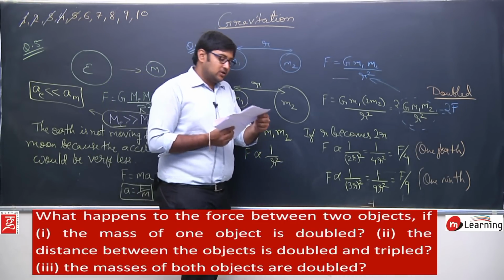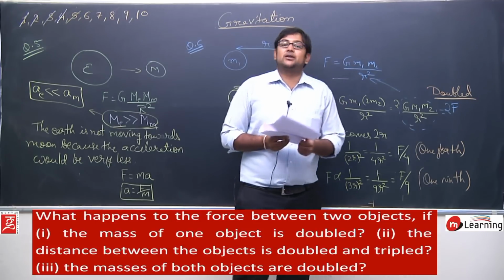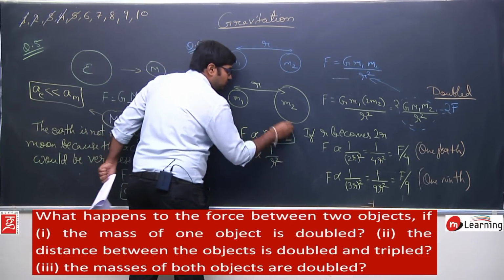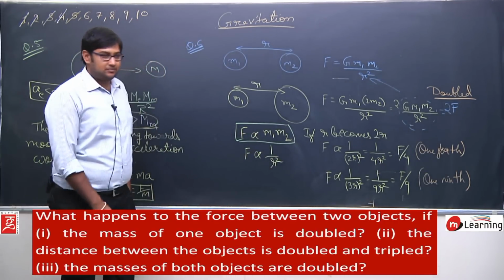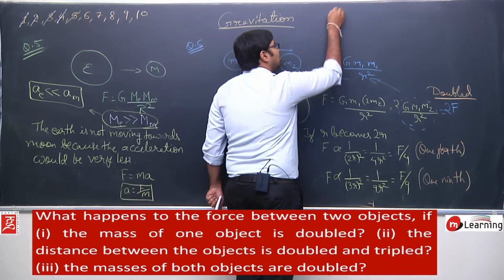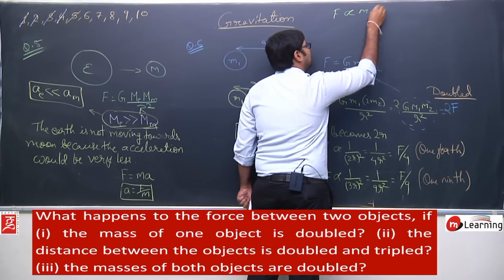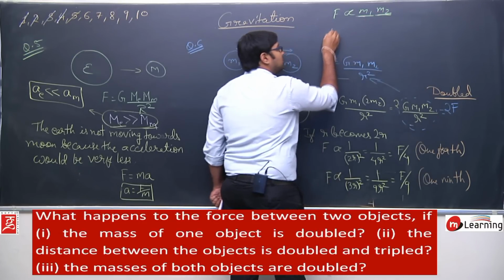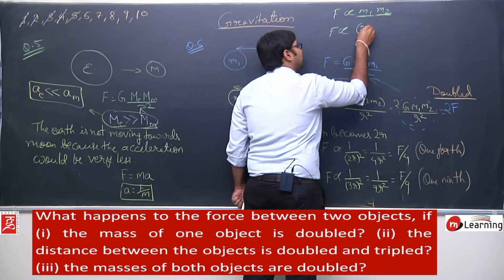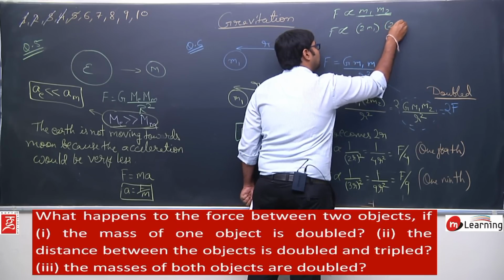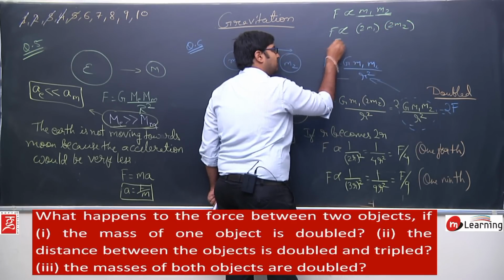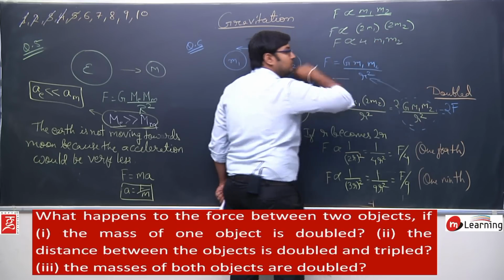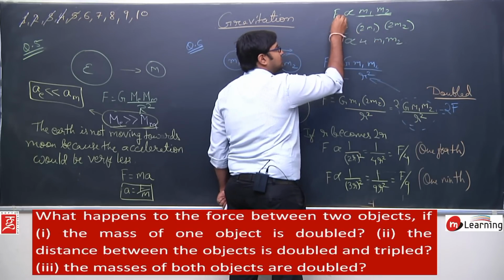Then the third part: masses of both the objects are doubled. Again we can see the force is proportional to the product of the masses, m1 and m2. Now if m1 becomes 2m1 and m2 becomes 2m2, F will be proportional to 2 twos are 4 into m1 m2.